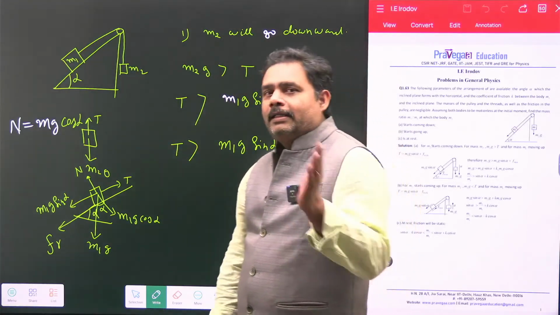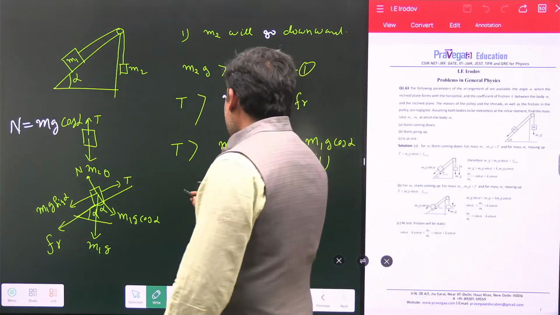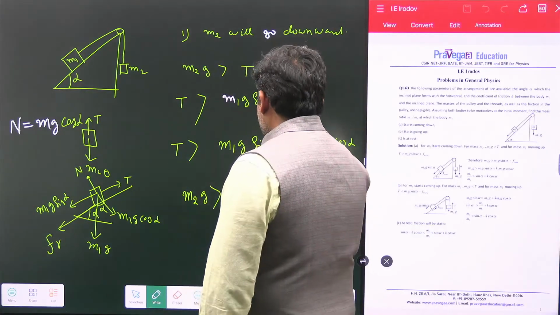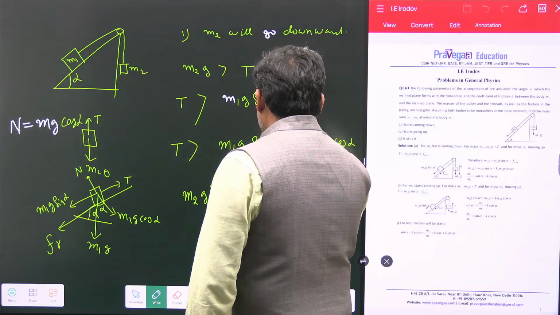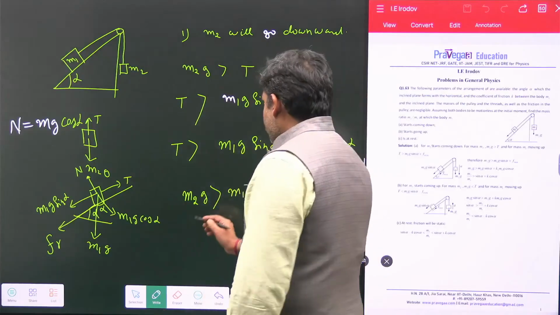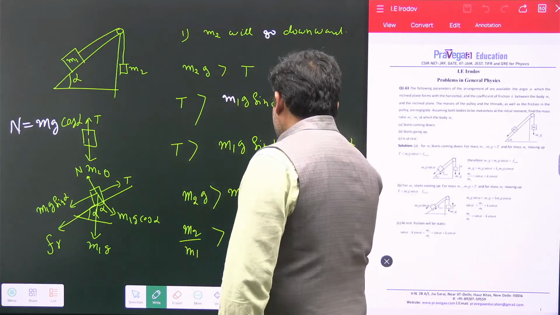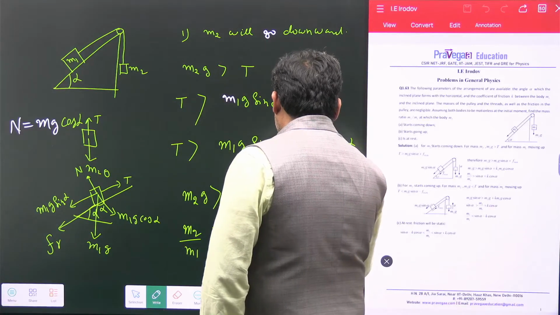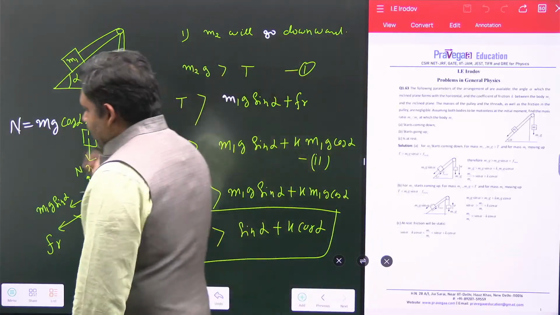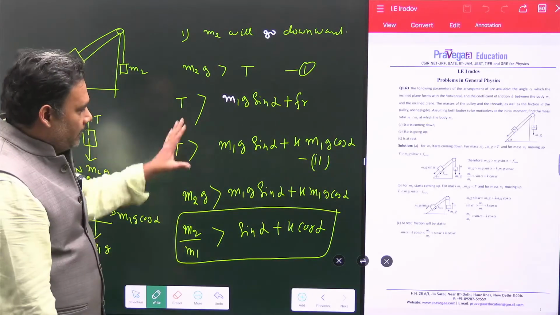If A is greater than B and B is greater than C, then A is always greater than C. So from here, m2g must be greater than m1g sin alpha plus k m1g cos alpha, and from there m2 upon m1 must be greater than sin alpha plus k cos alpha. This is the condition where m2 will go downward and m1 will go upward. So this is problem number 1.